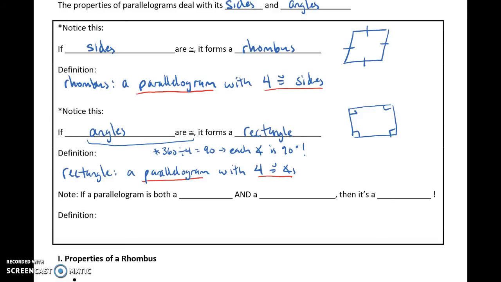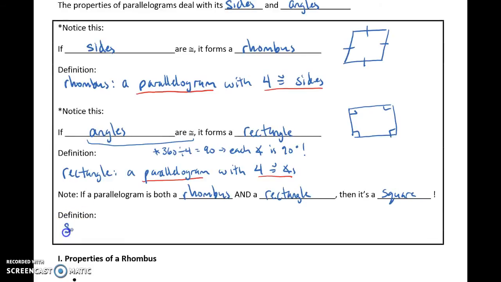Okay? Then finally, as a side note, if a parallelogram is both a rhombus and a rectangle, then it's a square. So rhombus by itself is not a square, a rectangle by itself is not a square, but if it's a rhombus and a rectangle combined, then it is a square.